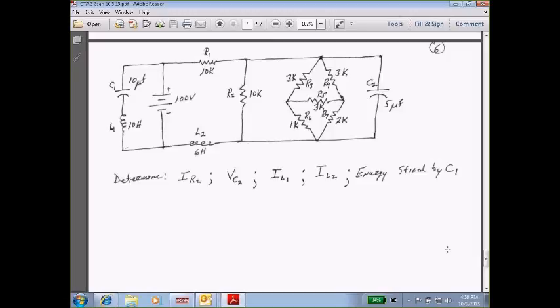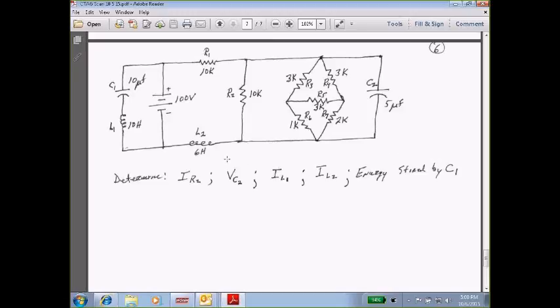Okay, now if we look at this one, we've got a 100-volt source. We have a 10 microfarad cap and a 10 henry inductor, those two in series, and they're strapped in parallel across the voltage source.